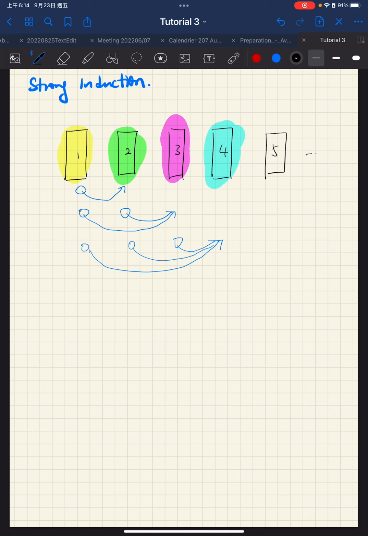So in a normal induction, we learned that we have 2 steps. P1 is true, and if Pn is true, then Pn plus 1 is true, right? So that's the 2 steps. For strong MI, we have the following.